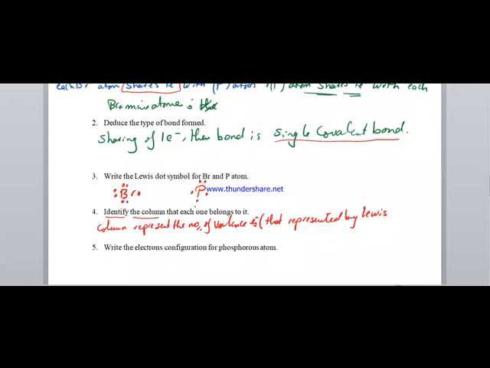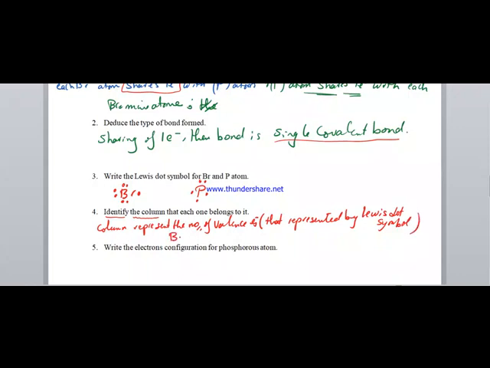The electrons in the Lewis dot symbol on phosphorus or bromine represent the number of valence electrons in the atom.